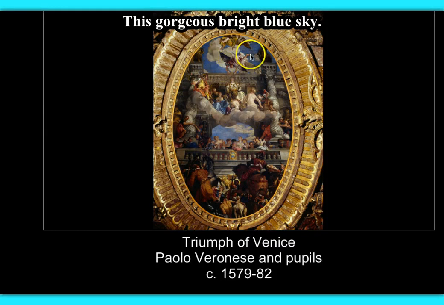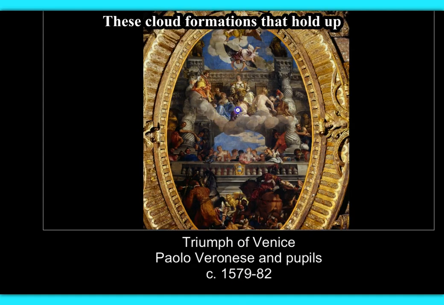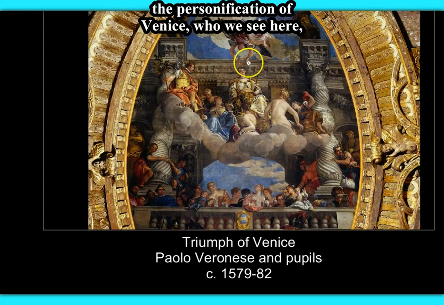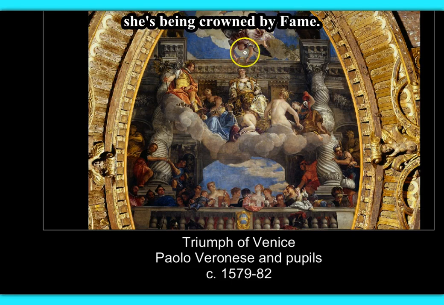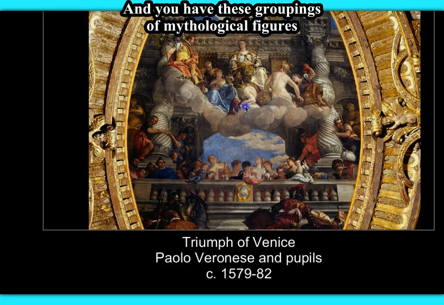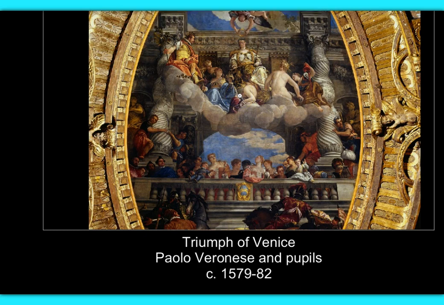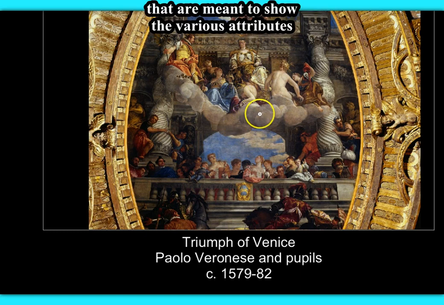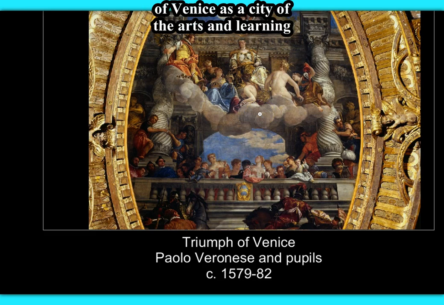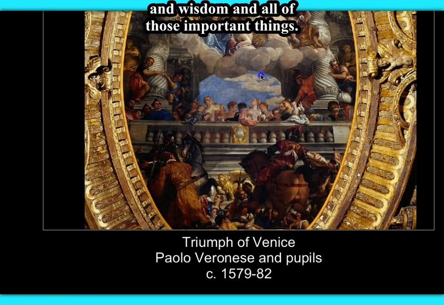This gorgeous bright blue sky, these cloud formations that hold up the personification of Venice, who we see here. She's being crowned by Fame. And you have these groupings of mythological figures that are meant to show the various attributes of Venice as a city of the arts and learning and wisdom and all of those important things.